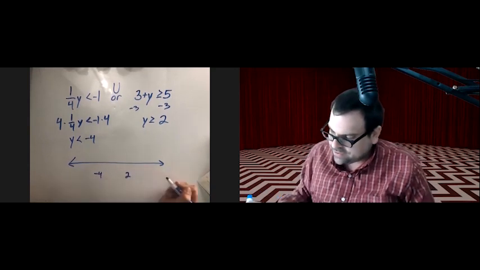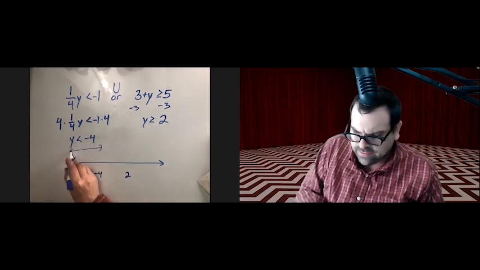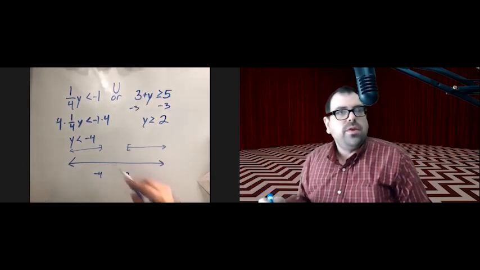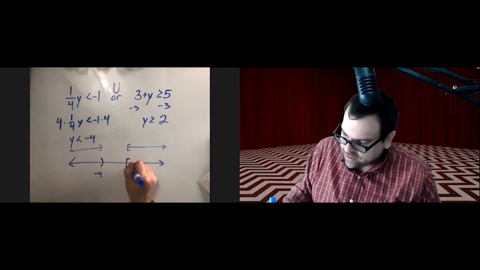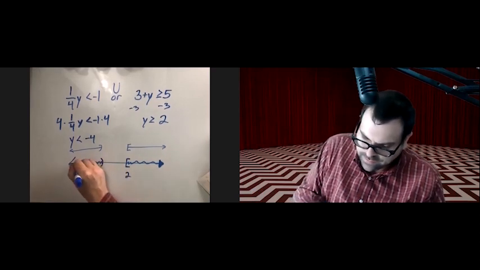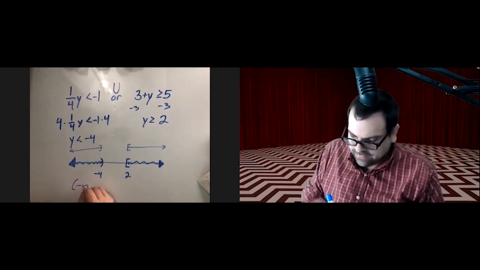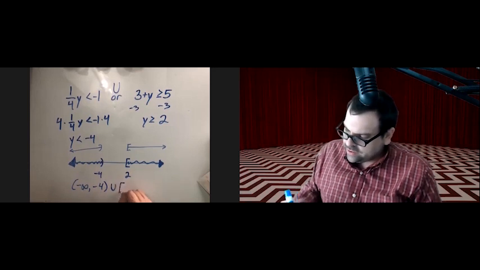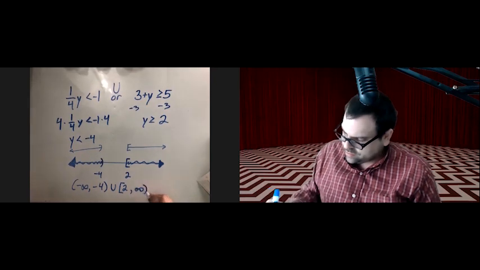So -4 and 2: y less than -4, y greater than or equal to 2. The or statement is both of them together, so they both make it onto the final answer. Negative infinity to -4 with a parenthesis, union, square bracket 2 to infinity.